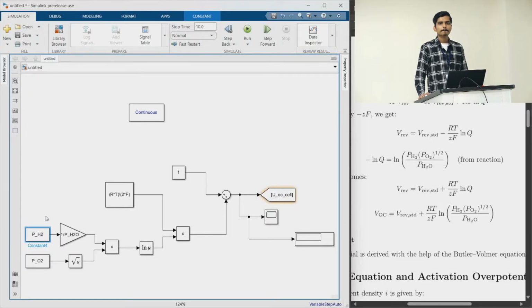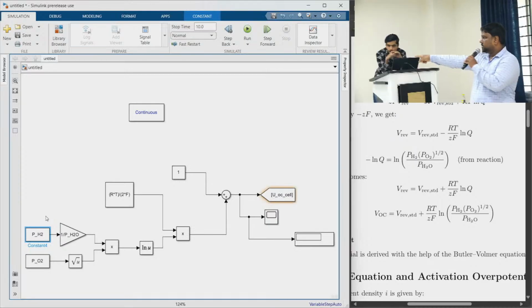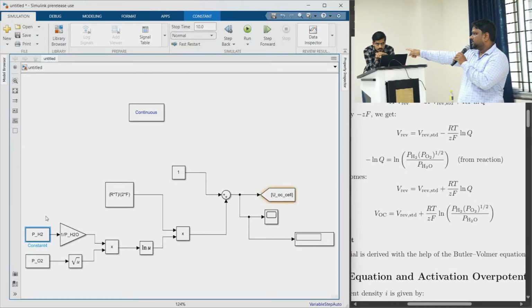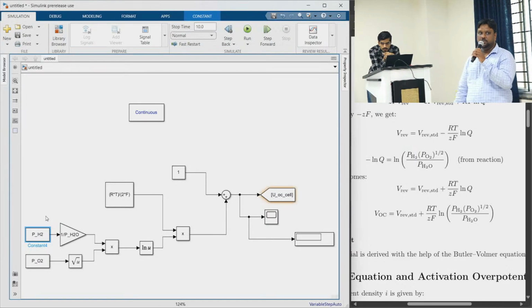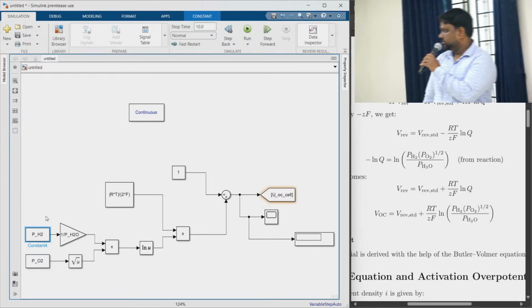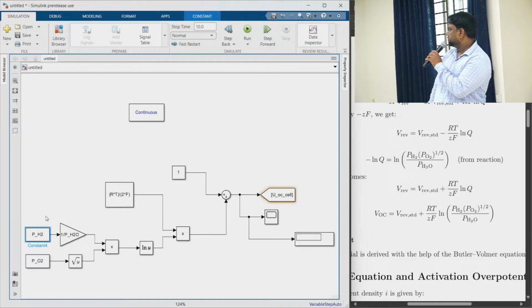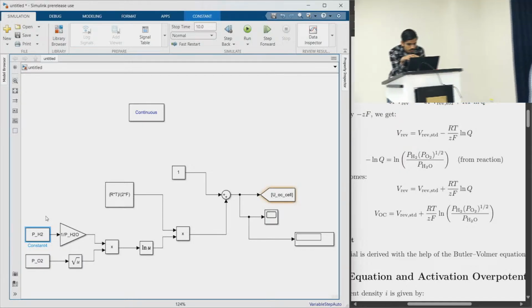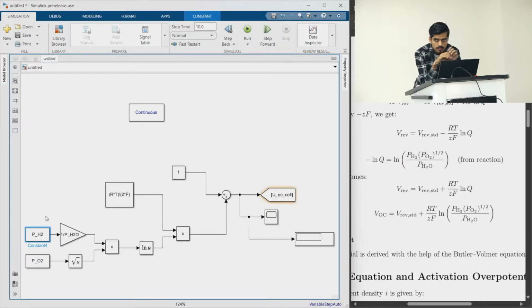So if you see the right side, that's what we are going to implement. The open circuit voltage expression is exactly replicated in Simulink. The same variables are also used. To save time you need not open every constant block.